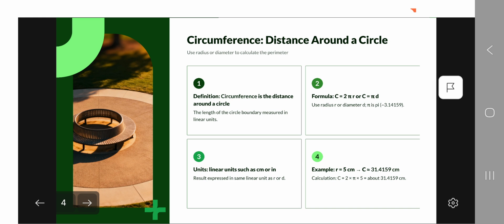So the circumference is equal to 2 times pi times the radius, or the circumference is equal to pi times diameter.